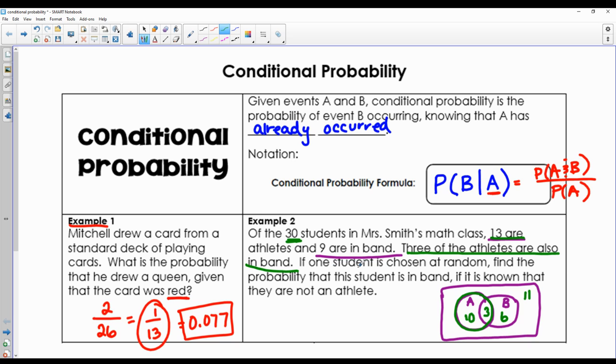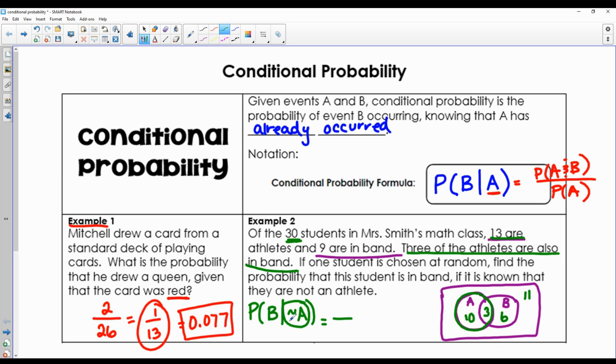Now it says that one student is chosen at random. So we're going to grab one person at random. Find the probability that the student is in band. So we want the probability that a student is in band given that they are not, there's our little complement, not an athlete. So on the bottom here, we have all of our people that are not athletes.